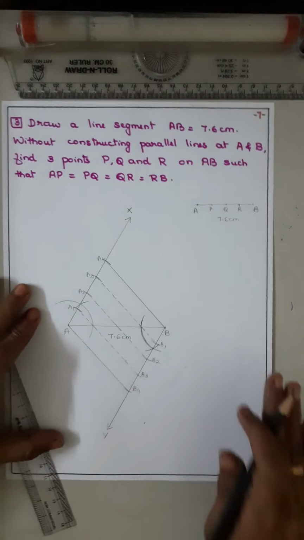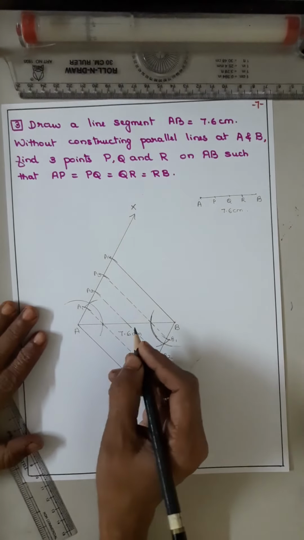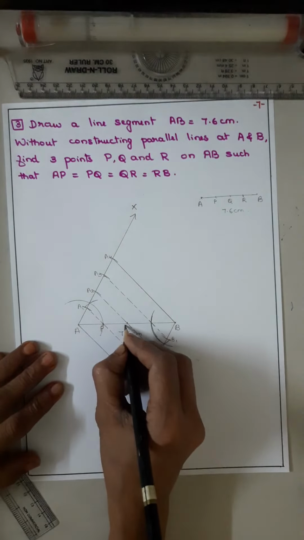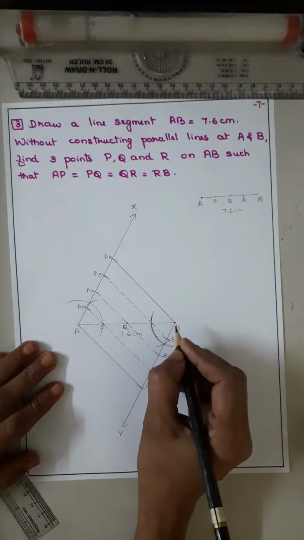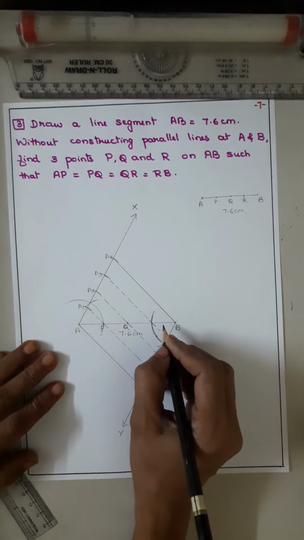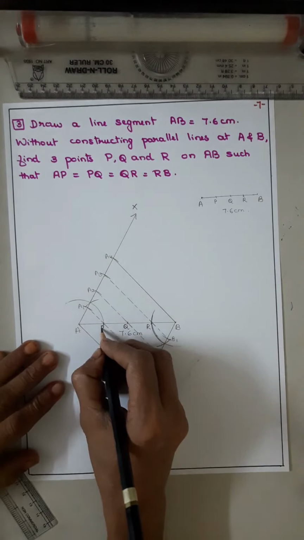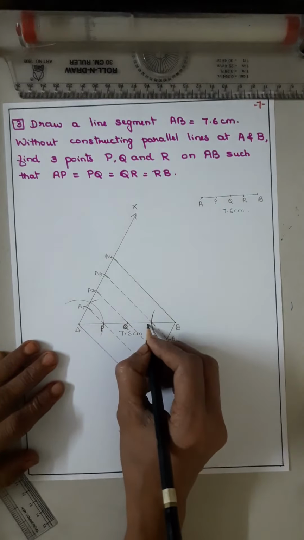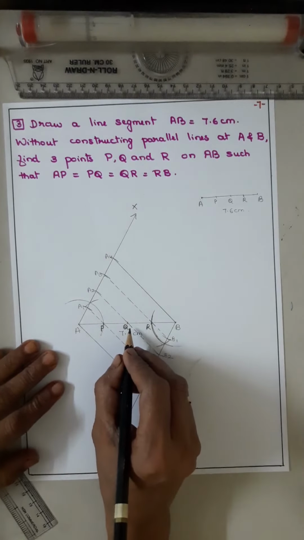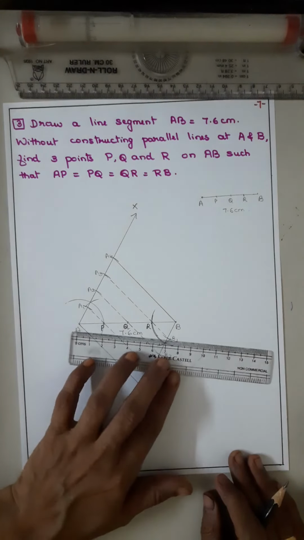Okay, so you got this point, P, this is Q, sorry, okay, this is correct, Q, and this is R: P, Q, R. So AP is equal to PQ is equal to QR is equal to RB.